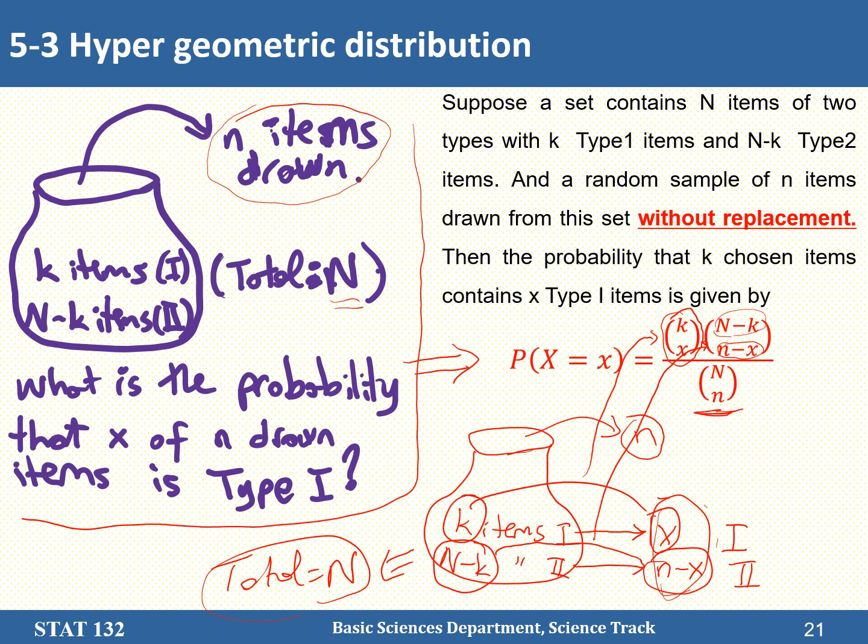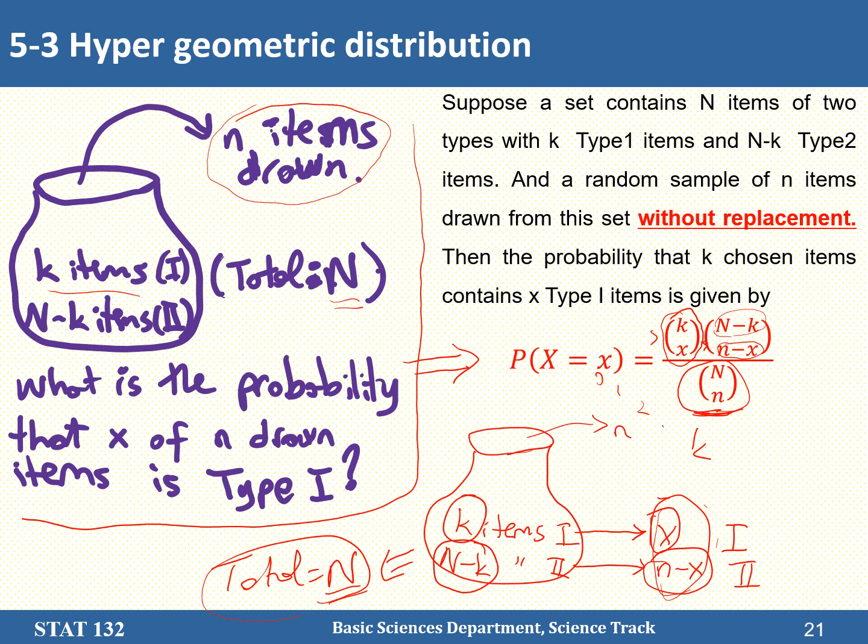So when solving problems, it's better to use this scheme here. Just say how many items we want from k items, how many items from N minus k items, and in total how many big N there are, and how many we choose from the bag. So we put it here. This gives the probability distribution for each value of x. We can have 0, 1, 2, up to k items.